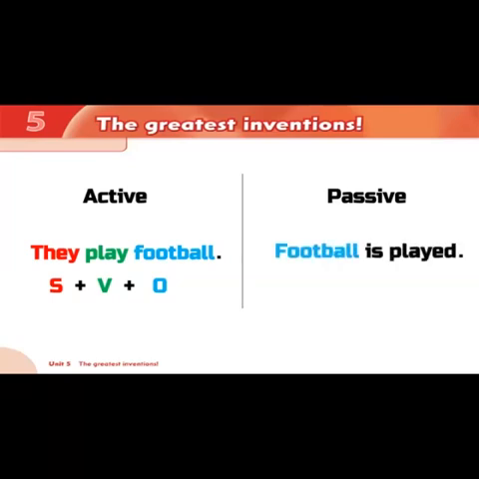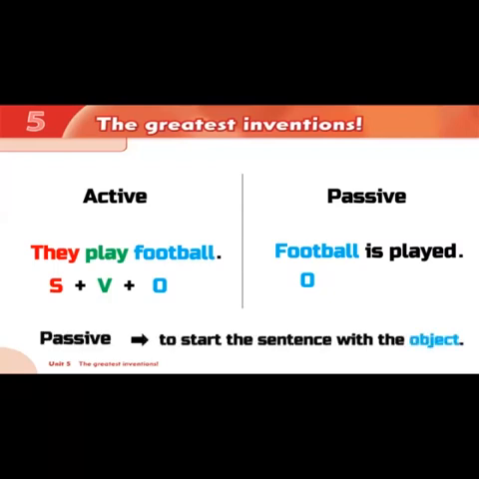But the passive sentence is a sentence which starts with the object. We said they play football, this is the active. The passive will be football is played. We start with the object. So again, the passive is to start a sentence with the object.